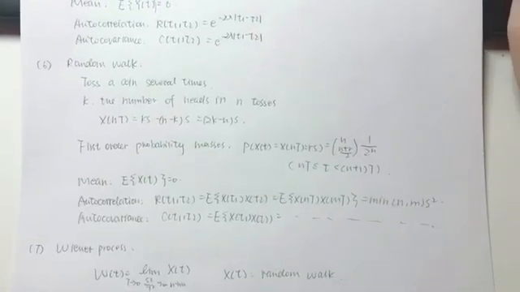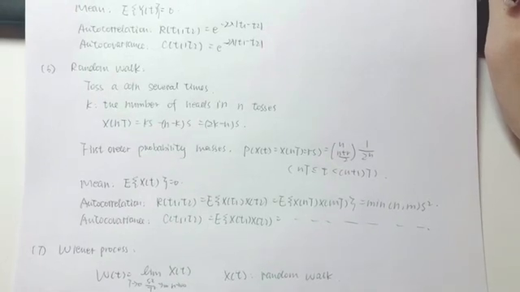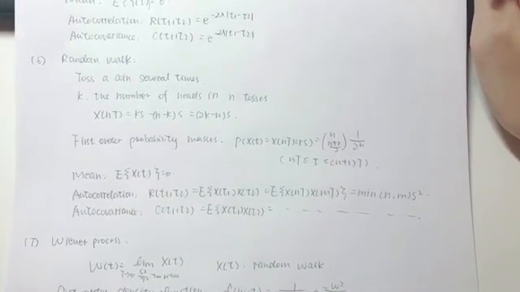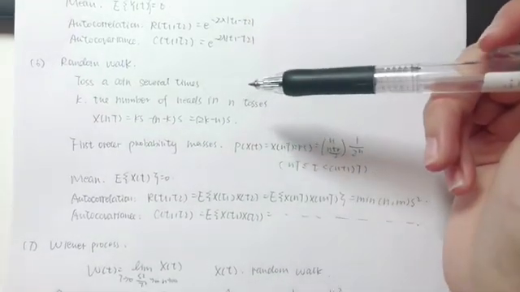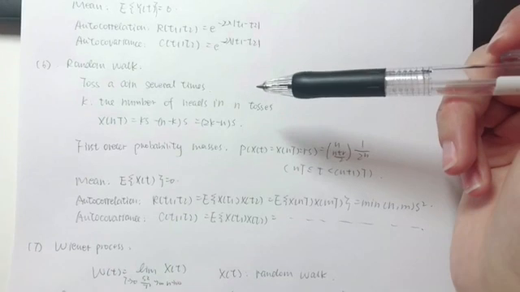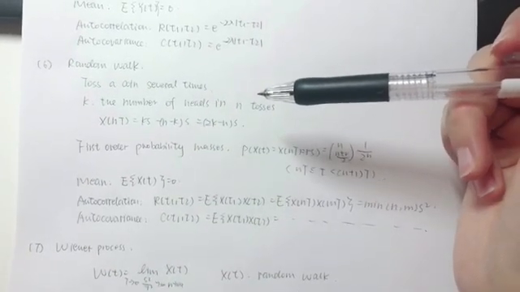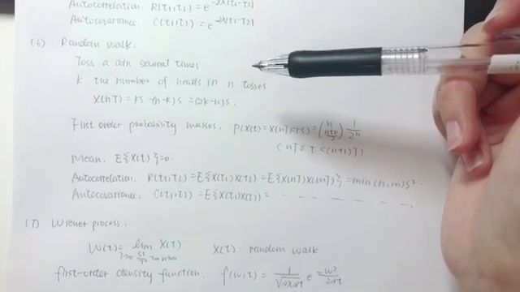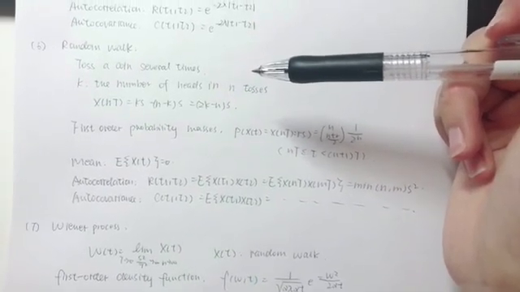Let's come to the sixth question, which is the definition of the random walk. That is, when we toss a coin many times, k equals the number of heads in the n tosses.